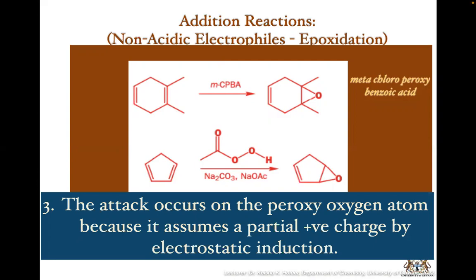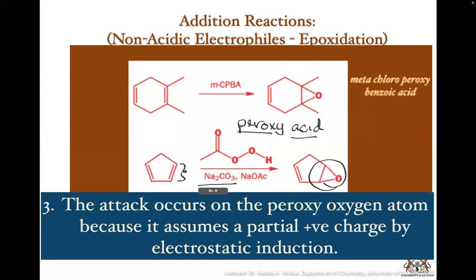In the second case, we also have another diene, another cyclic diene. And in this case, we do not have MCPBA, but we do have a peroxy acid. And here we are able to observe that epoxidation has occurred because one of the double bonds has been replaced.